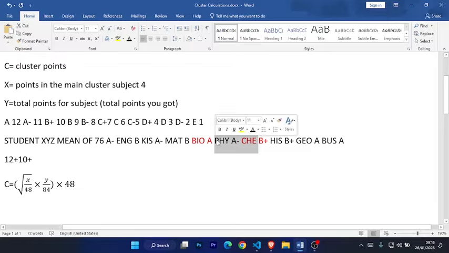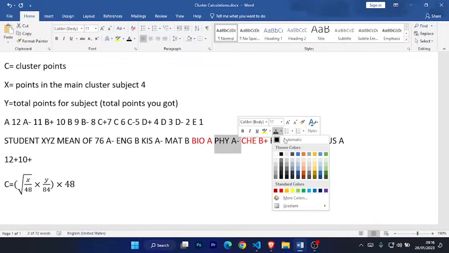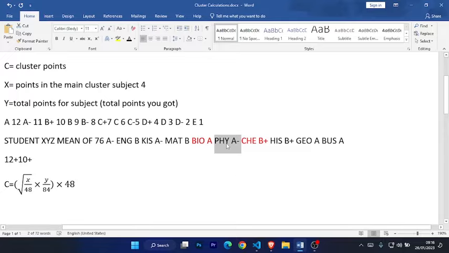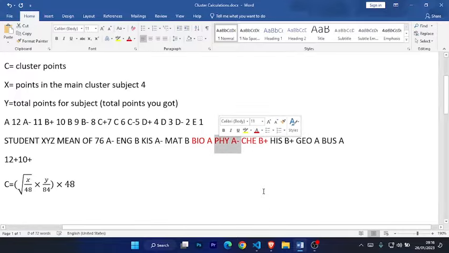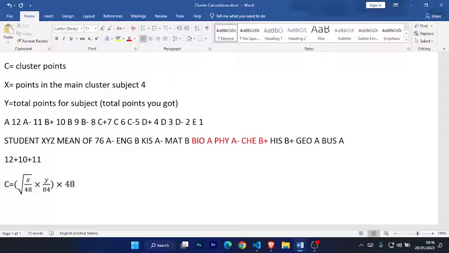Let's give it a color. That's physics. She has 11, so we add 11.